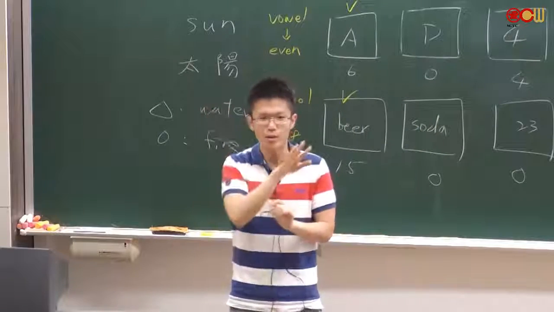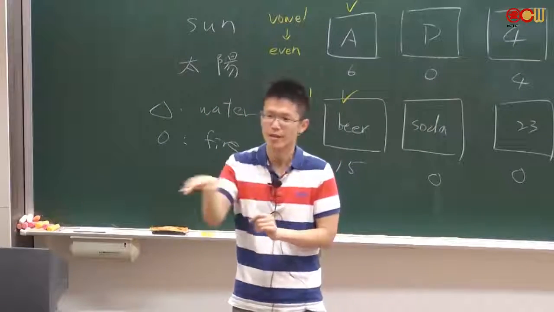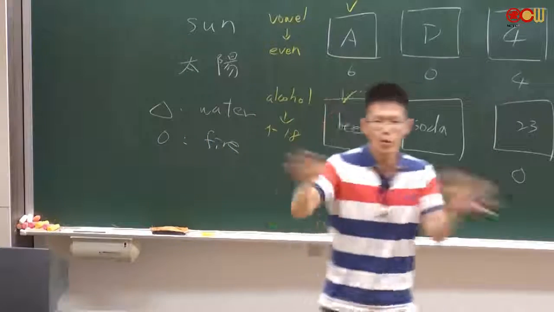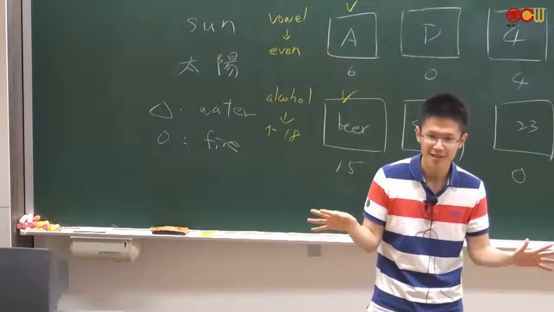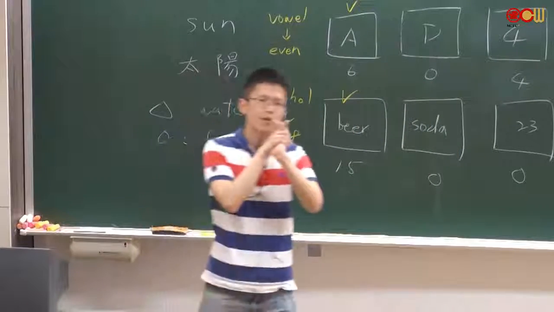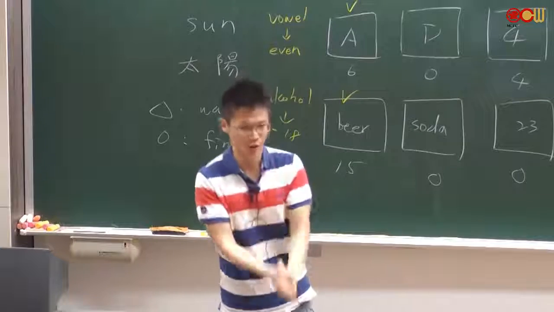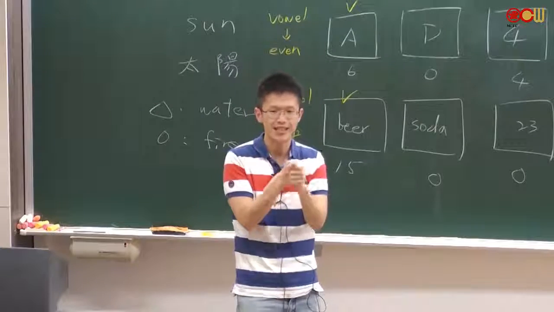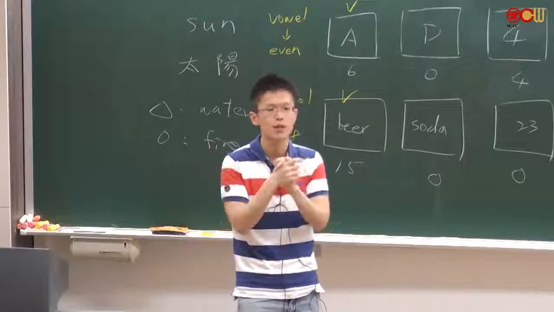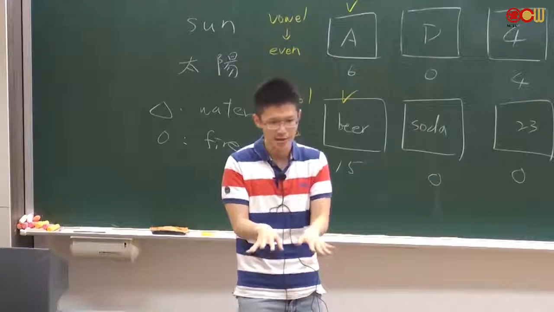Supposedly, there should be half of the people here. So the rest will be even numbers, right? Okay. Now, for those with even numbers, 偶数的同学，学号偶数的同学 please close your eyes.